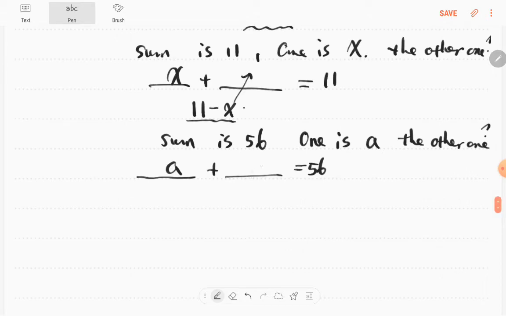How about the second one? We use the total sum minus one of the numbers to get the second number. So it will be 56 minus a. All right.